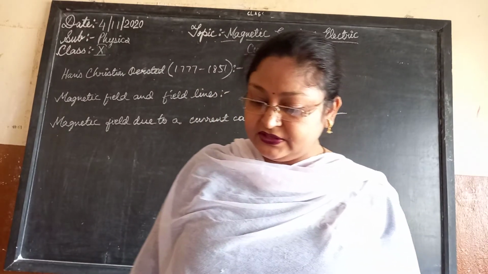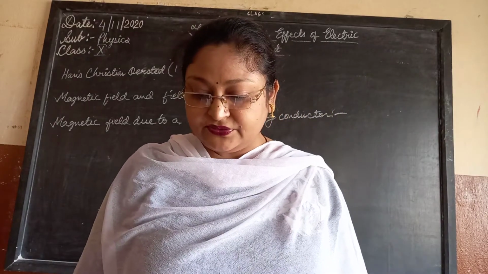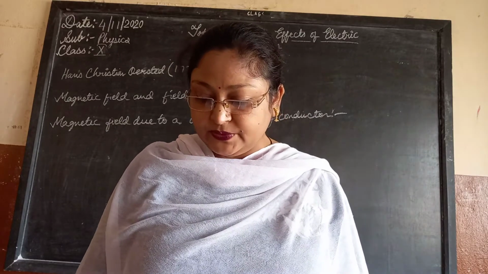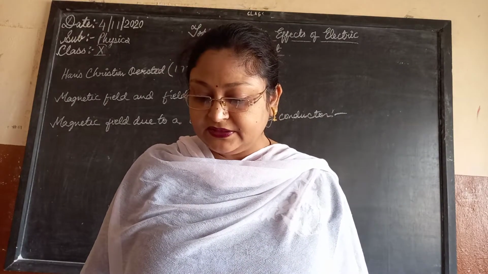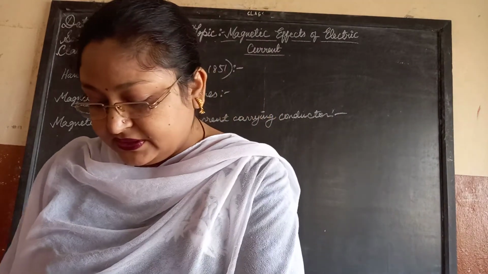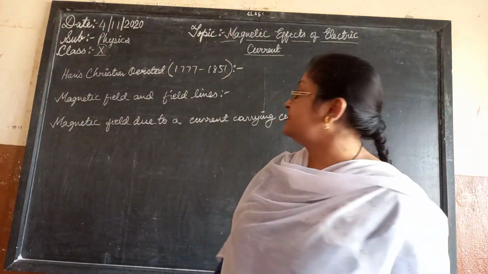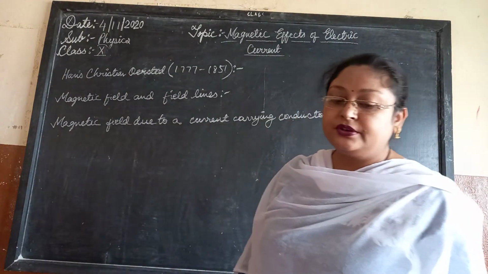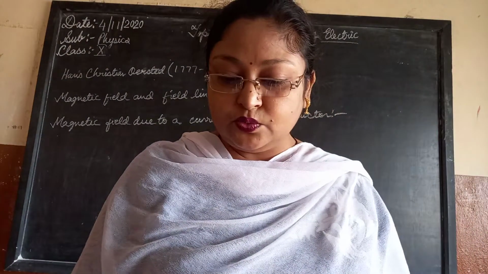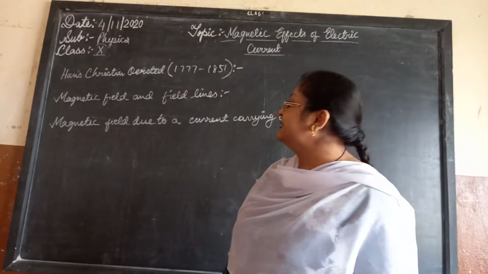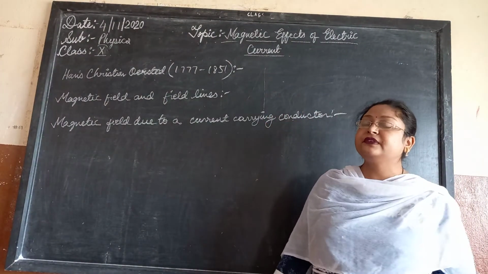His research later created technologies such as radio, television, and fiber optics, and the unit of magnetic field strength is named Ørsted in his honor. So this law is called Ørsted's law to honor his work. Now the topic is magnetic field and field lines.